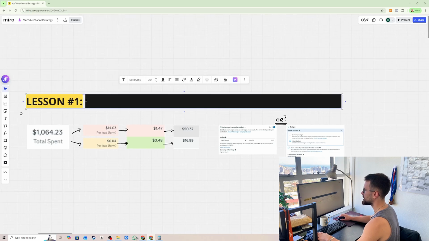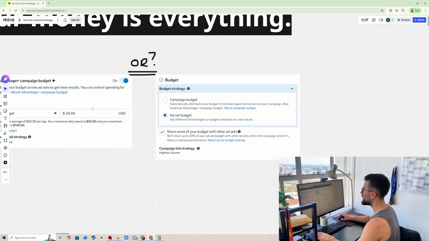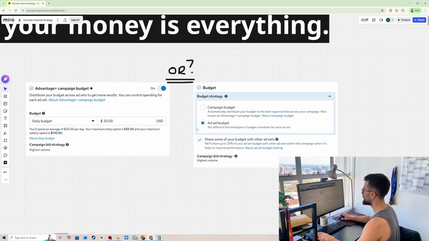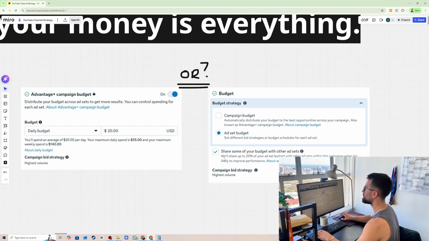Okay, so lesson number 1, let's reveal it over here, is how you let Meta spend your money is everything. So by default, when you create a new ad, it's going to have ad set budget enabled, which means that you have more control over ad spend.